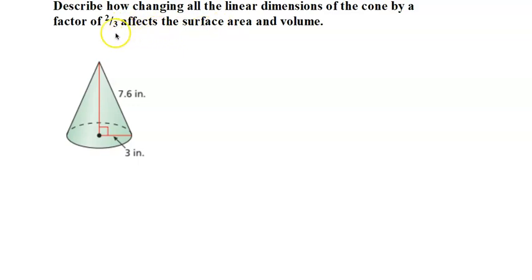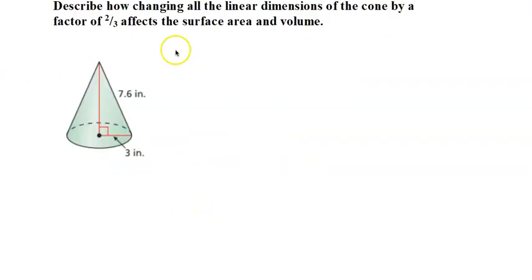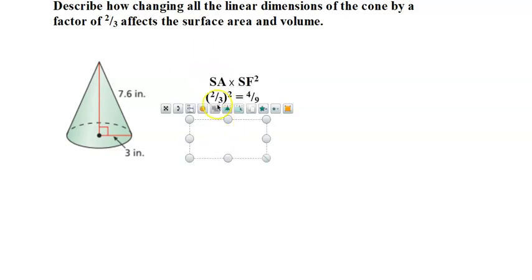All right, so you're back. We're changing all of the linear dimensions, and I want to know how it changes. Now, I could set up a lovely table and work this all out, except I know that all I have to do is take my scale factor and square it or cube it, right? My scale factor is 2/3, so I'm going to take my 2/3 and square it. 2/3 squared is 4/9.